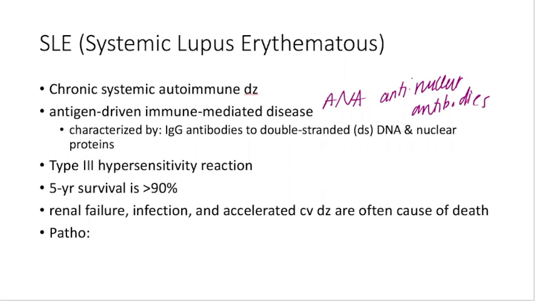So remember that these are the ones that go to other tissues and deposit themselves. It is fairly common and has a prevalence as high as 1 in 2,500, predominantly women of childbearing age with a female to male ratio of 9:1, so it's huge.